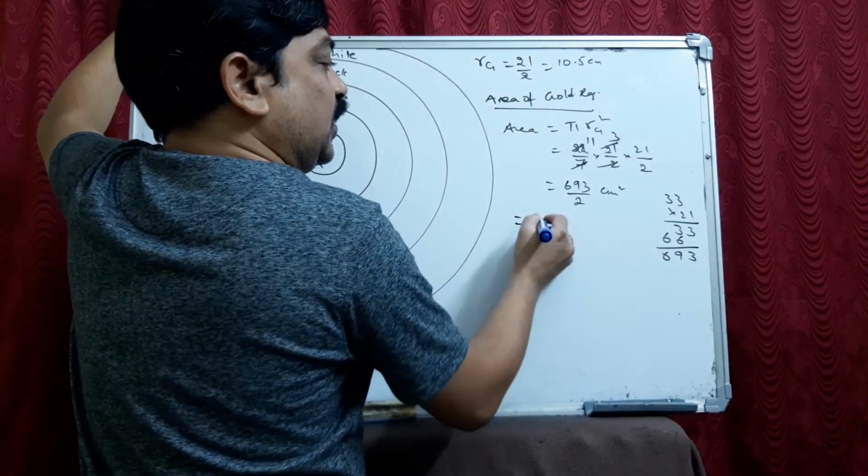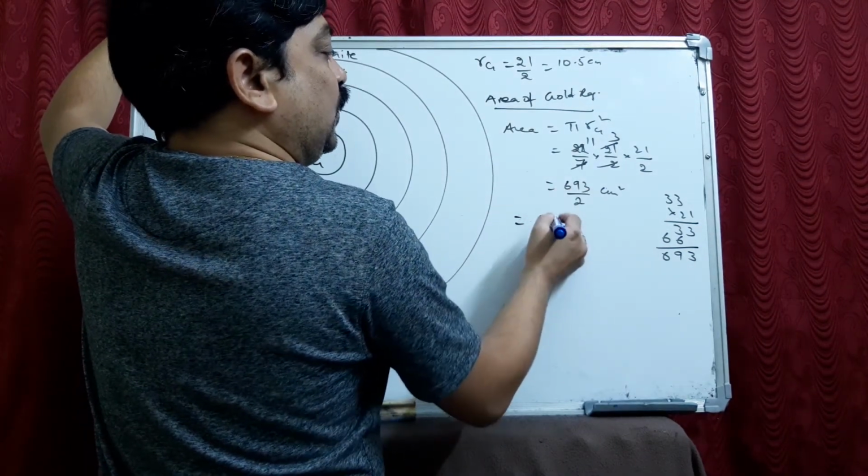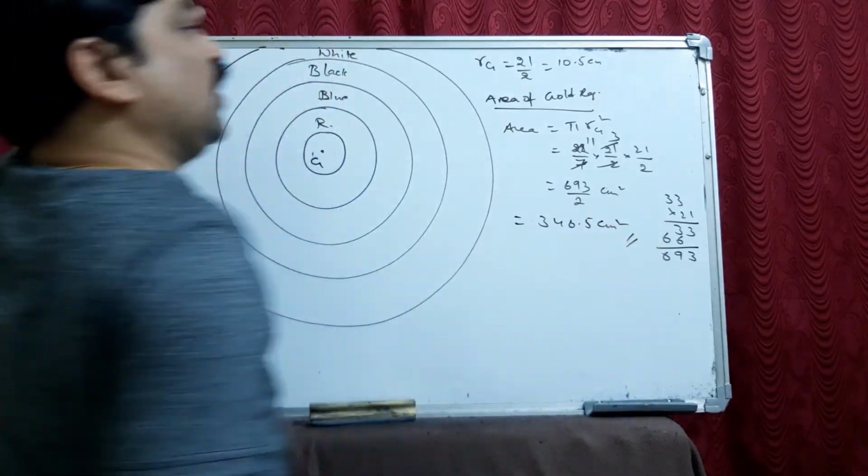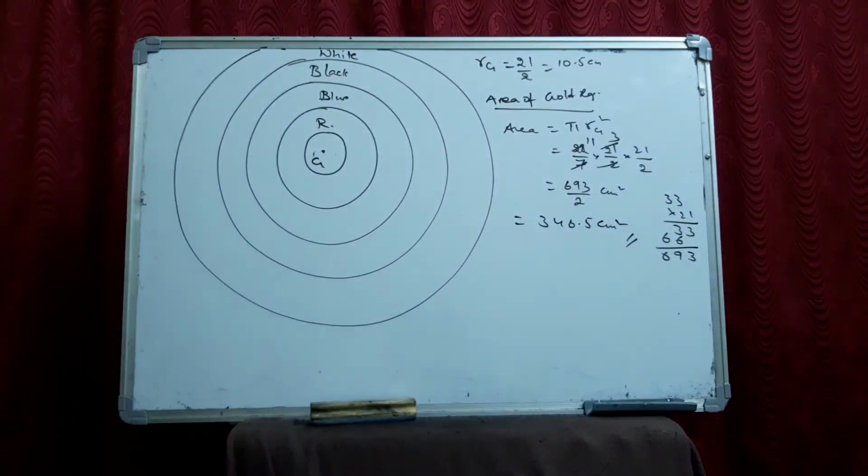So it becomes 346.5 centimeters square. Area of gold is very simple. So this is the area of the gold region.